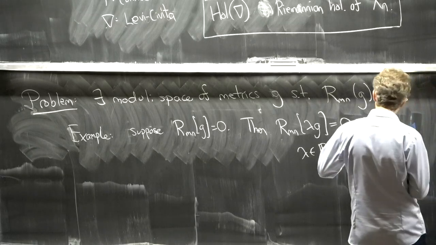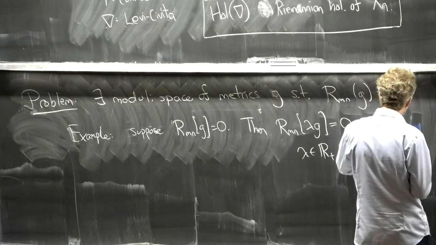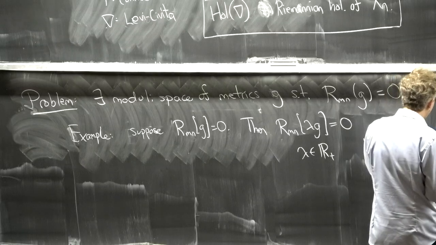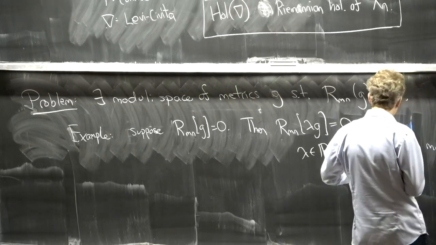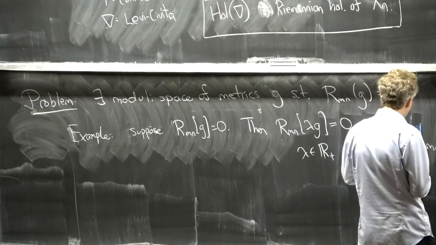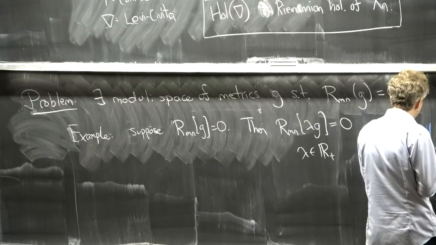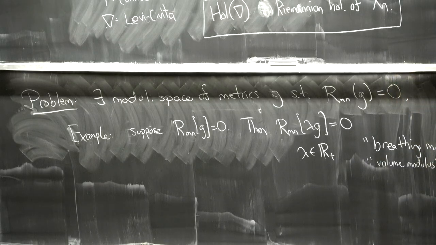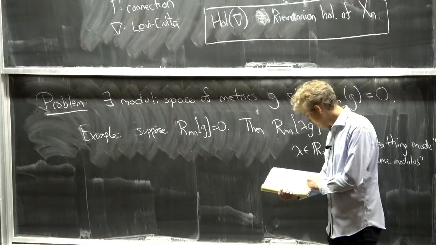This is an incredibly important mode called the breathing mode, or sometimes we'll call it the volume modulus. And it's the easiest one to see. The condition that Ricci is 0 is invariant under rescaling the whole space. Now, there's lots of other ones that are counted by the dimensions of some.